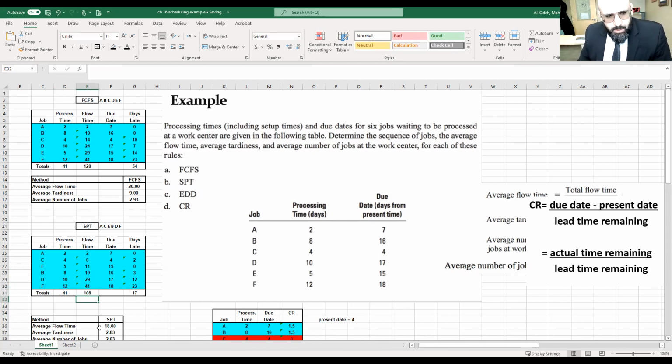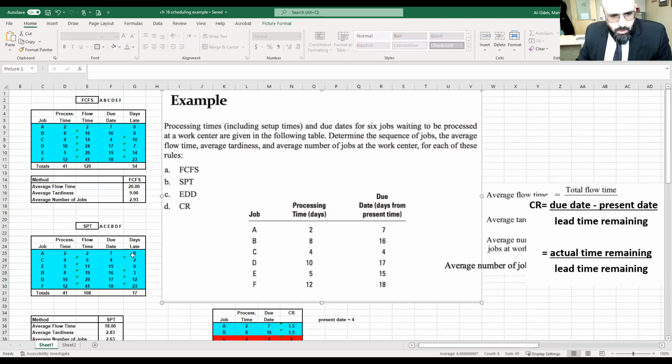And now let's compare this with the due date. Due date is given to us here in the question. So let's say the due date for A is 7 and we are on day 2, so there's no delay. For C, we have a due date 4 and we are on 6, so there's 2 days of delay.